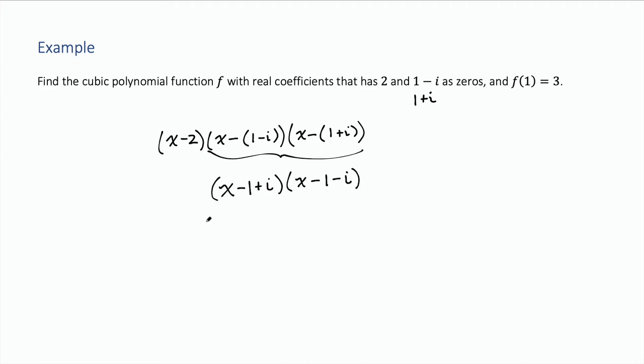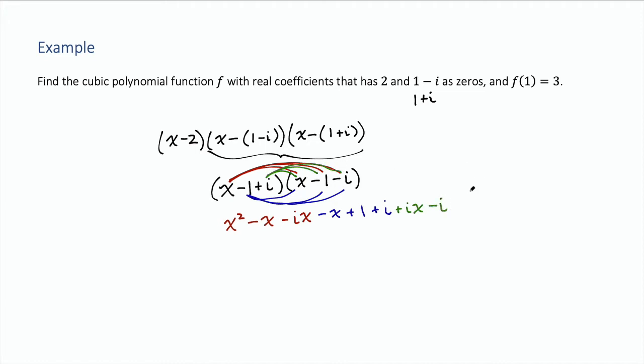Now multiply it all out. x times x is x squared. x times negative 1 is negative x. x times negative i is negative ix. Then negative 1 times x is negative x. Negative 1 times negative 1 is plus 1. Negative 1 times negative i is plus i. Then i times x is plus ix. i times negative 1 is minus i. And i times negative i is negative i squared.